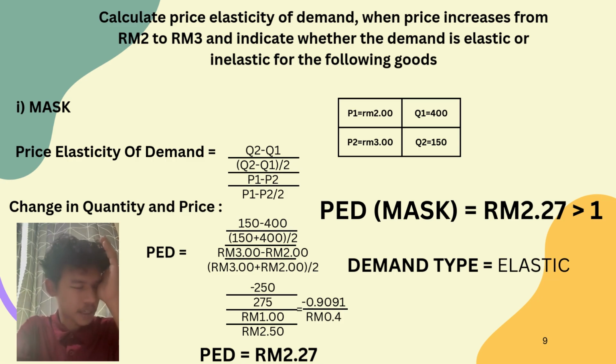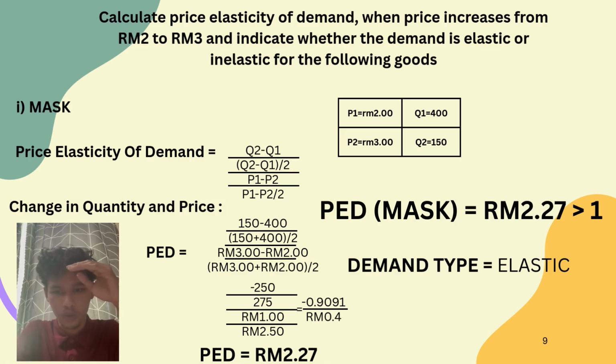The denominator is Rm3 minus Rm2, divided by Rm3 plus Rm2 divided by 2. This simplifies to Rm1 divided by Rm2.50, which equals Rm0.4. Dividing the simplified numerator by the simplified denominator results in the final figure.